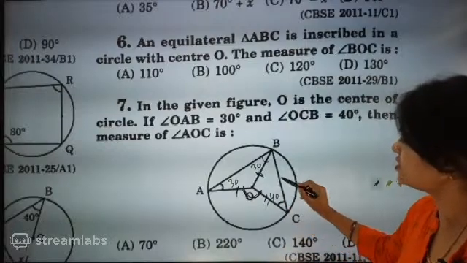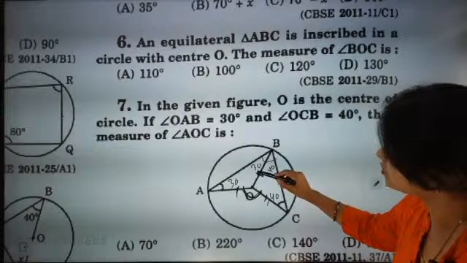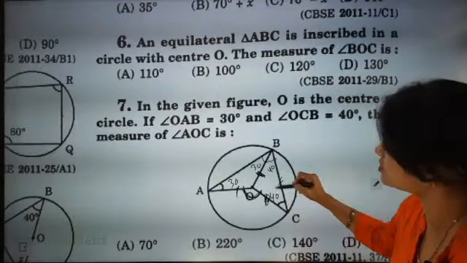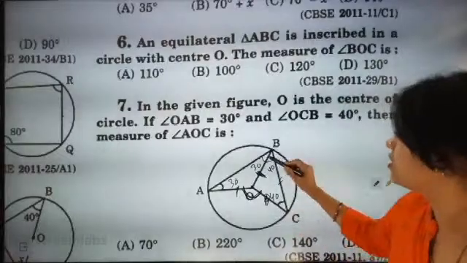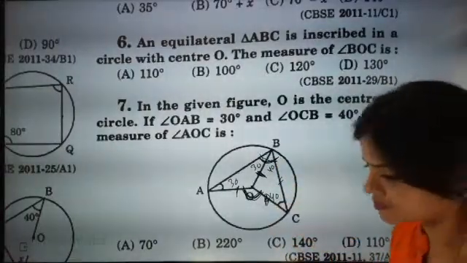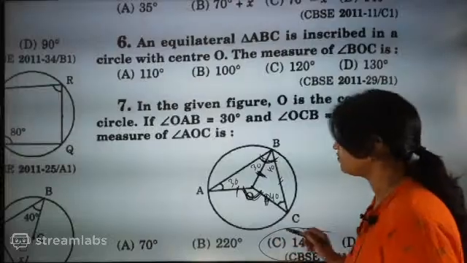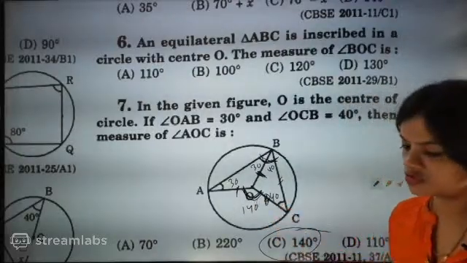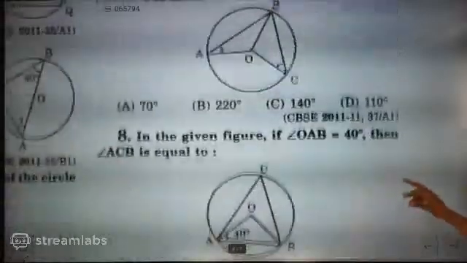Similarly, this part will become 40, because angles opposite to equal sides of a triangle are equal. So if the total is 70, then angle AOC is double of it. So 140 is going to be the answer.